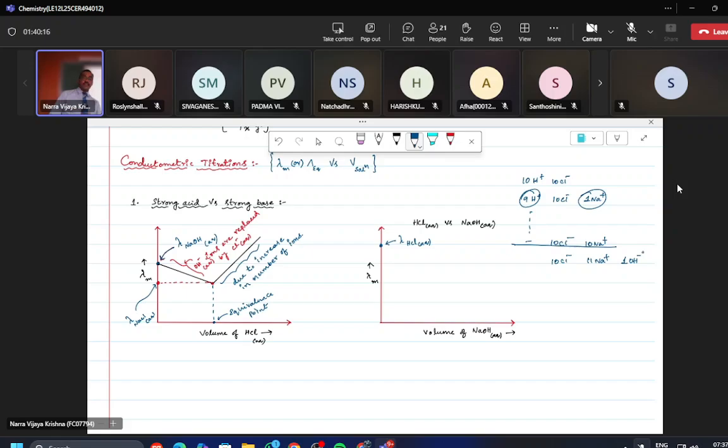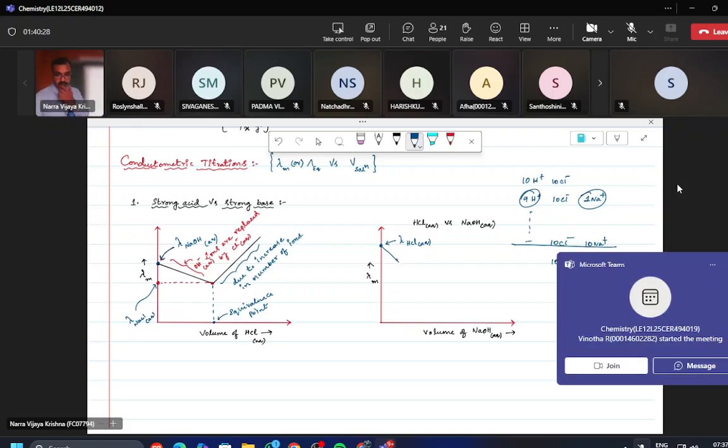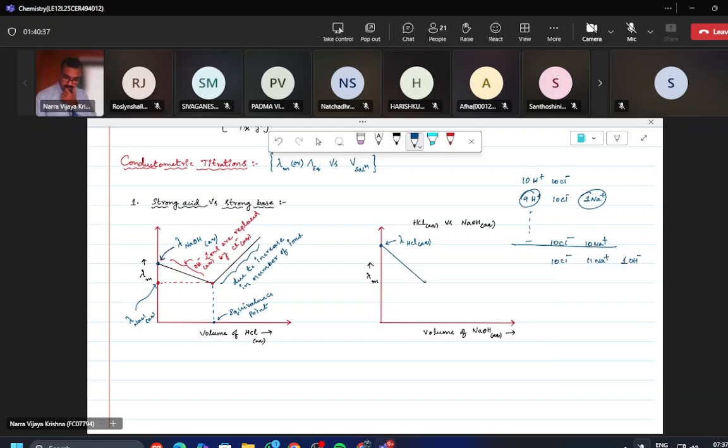Any questions in it? So first the conductance keeps on decreasing. After reaching equivalence point, again it starts increasing.